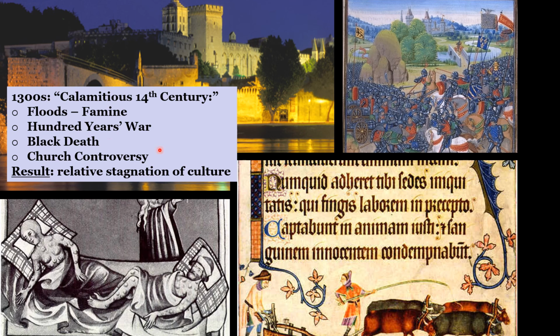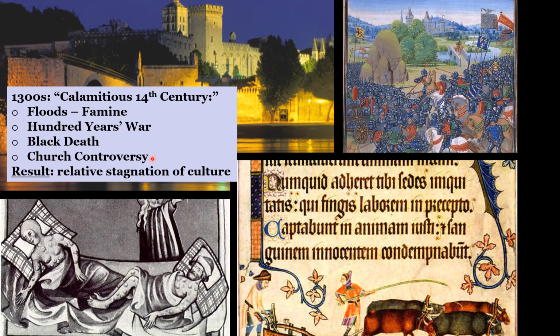If that weren't enough, there was a terrible split in the church. There was a controversy, started really over taxes and the leader of France wanting to establish someone who would be the Pope, who would do his bidding. Ultimately, he placed a Pope in the south of France instead of being located in Rome, and you ultimately had 2 and sometimes 3 different people claiming to be the Pope.